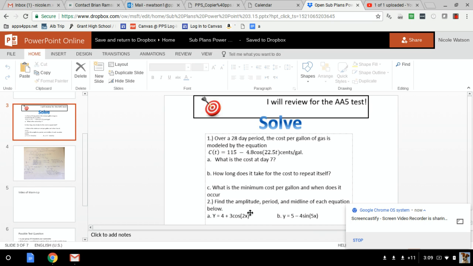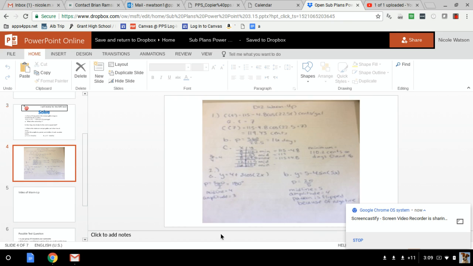So I did 360 divided by 2, so 180 degrees for part A. For part B, I said the period was 2 pi over 5 because the B value was 5. The midline was 5 as well, and the amplitude was 4. I also made a point to write down that the pattern is flipped because of the negative. Okay? So those are the warm-up.